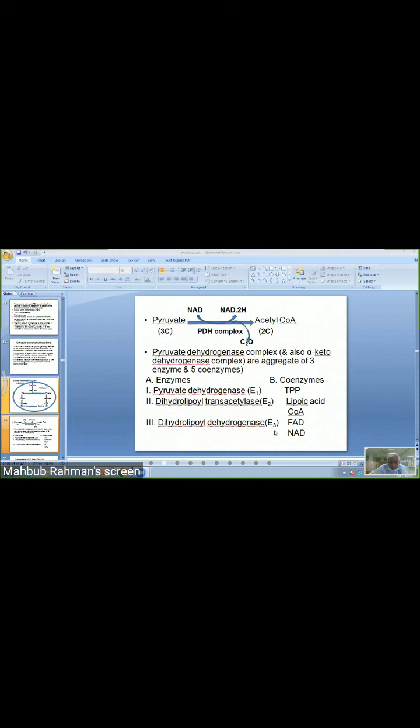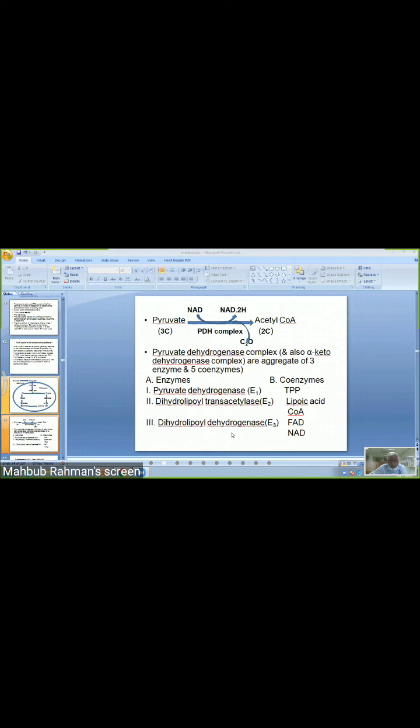Its coenzymes are FAD, flavin adenine dinucleotide, and nicotinamide adenine dinucleotide. So these 5 coenzymes and 3 enzymes participate in the reaction. That's why it is called the pyruvate dehydrogenase complex.